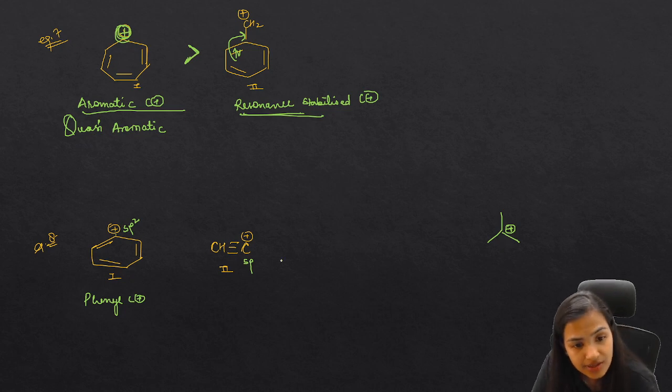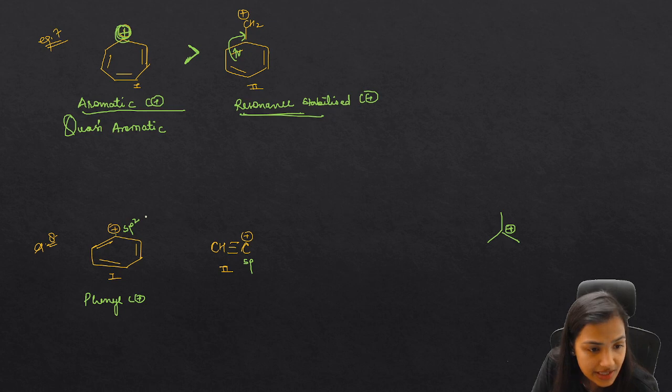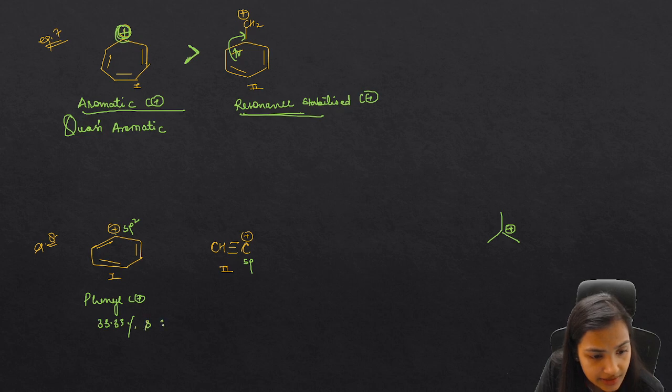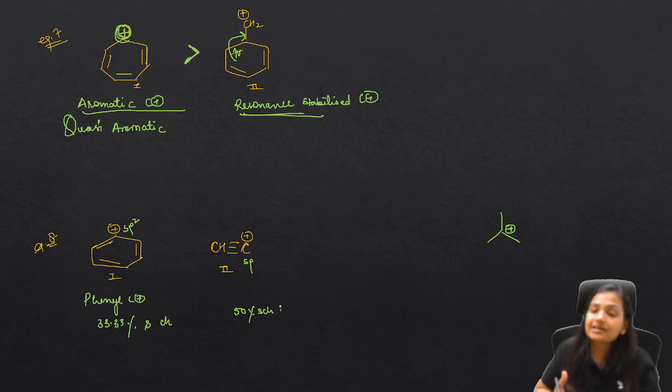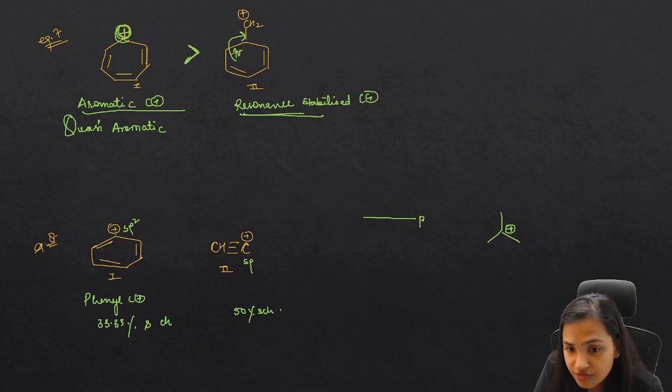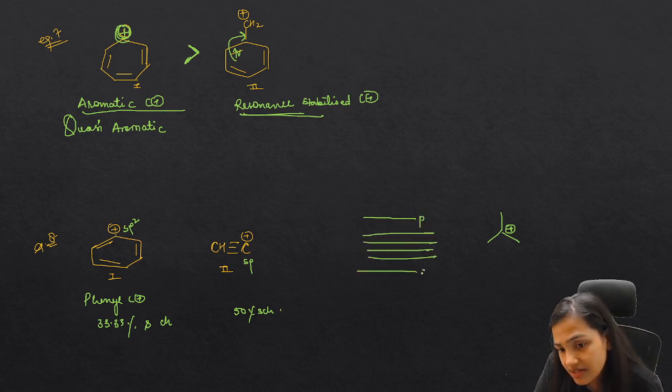So sp2 and sp: as per this, the percentage of s character, here we have 33.33 percent s character, and here we have 50% s character. And as the s character increases, the energy decreases. I told you the energy of the p orbital is higher than the s orbital.